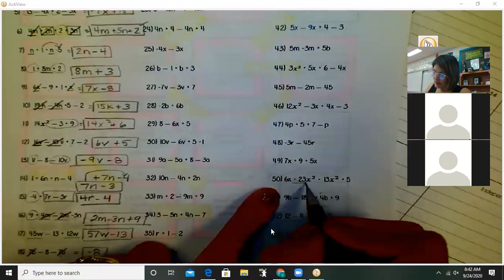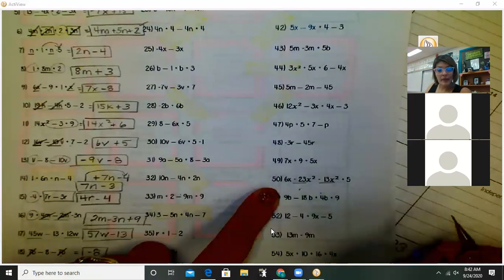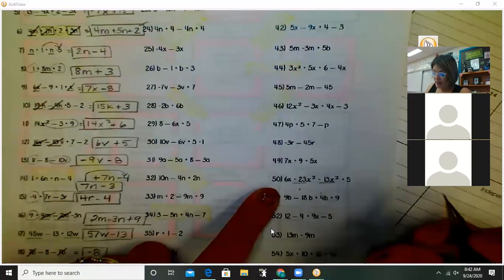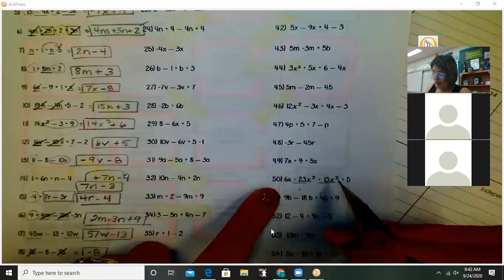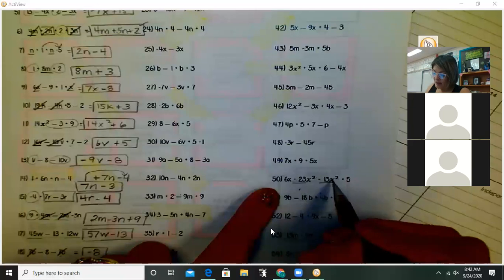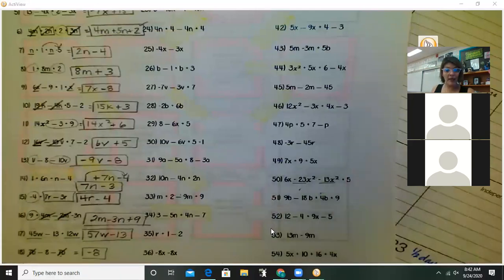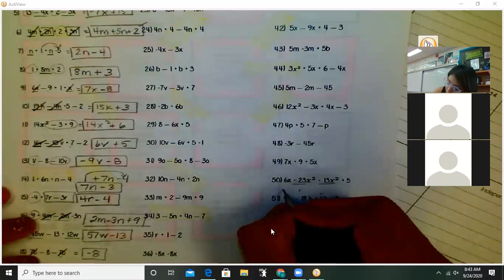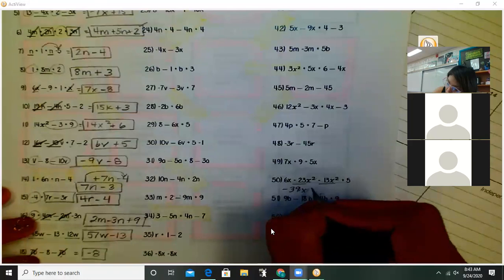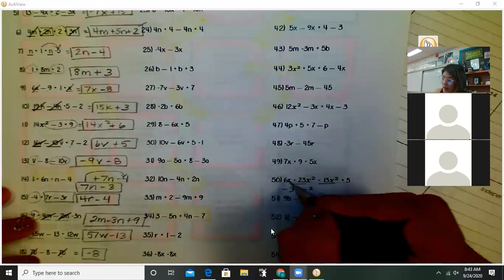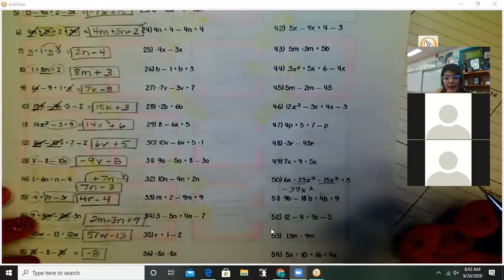I have two like terms here. Negative 23x squared and negative 13x squared. If I combine these together, I'm going to get negative 39. And then I have 6x by itself.